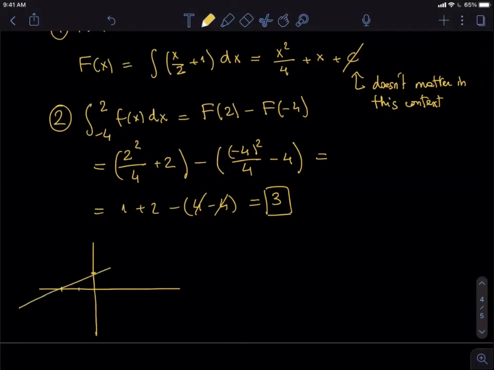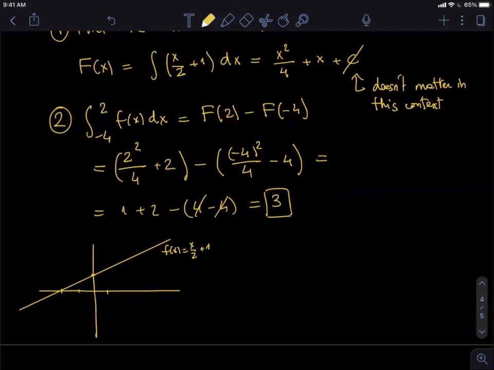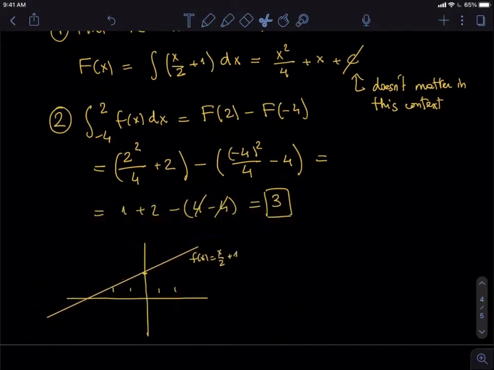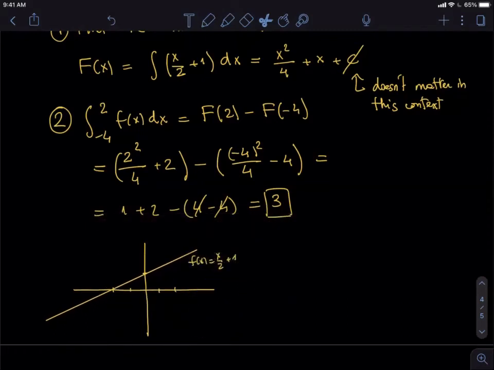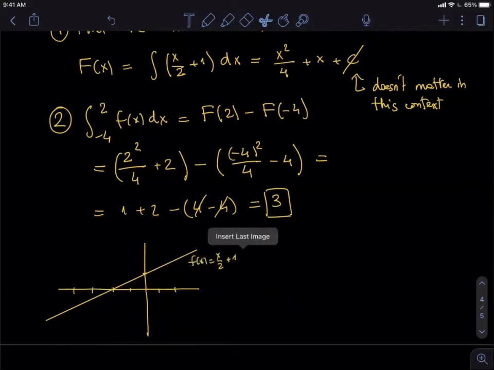So it's this line over here, x over 2 plus 1. And we are integrating from -4 to 2.